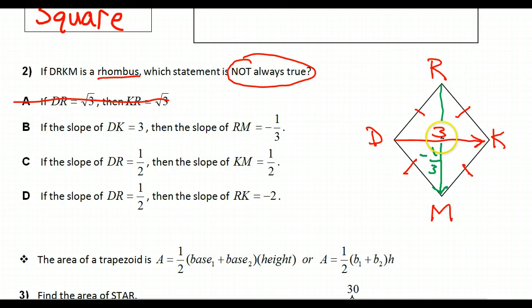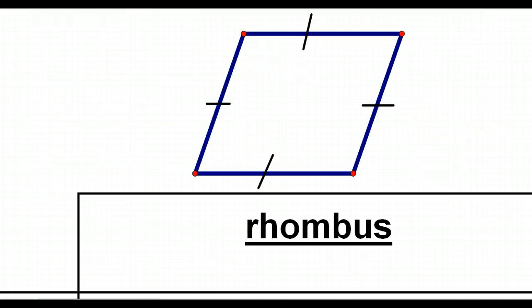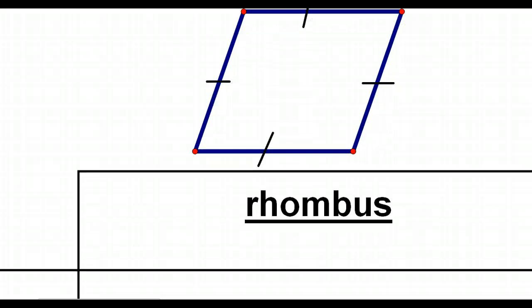So look, if we have a slope of 3 and then a slope of negative 1/3, those are perpendicular because they're opposite and reciprocal. So we are really asking, are the diagonals of a rhombus always perpendicular? Alright, let's look back at our properties of a rhombus.